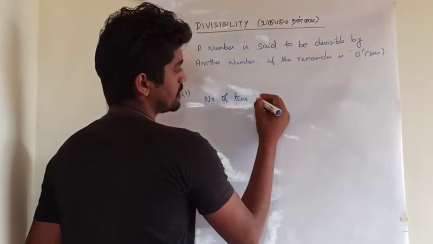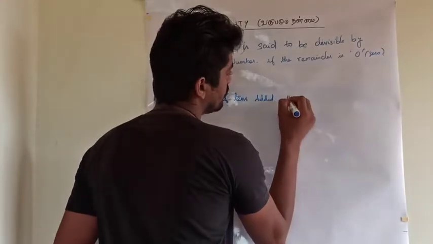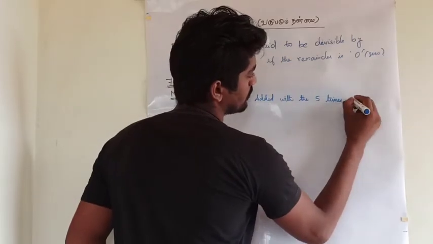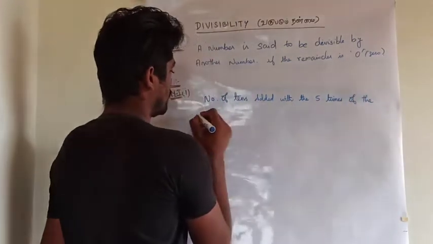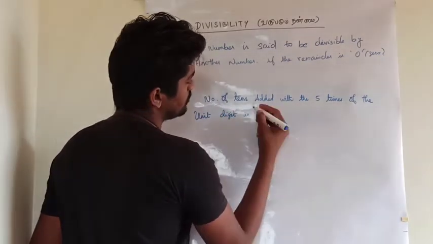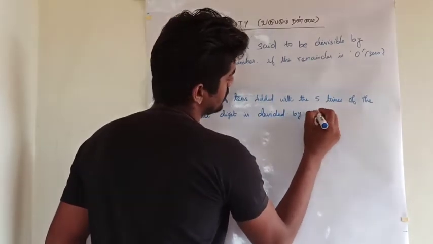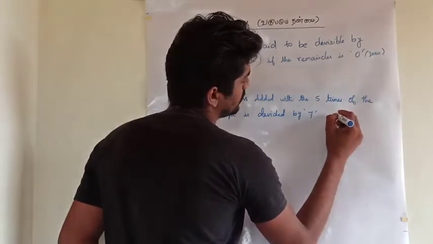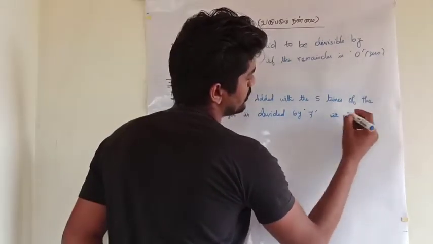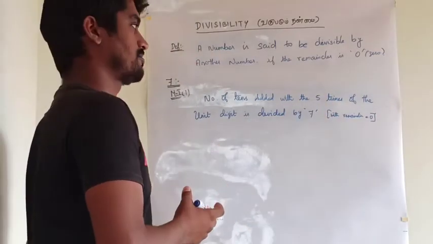The number of tens, added with 5 times the unit digit, is divided by 7 with remainder 0. Then the given number is completely divisible by 7.